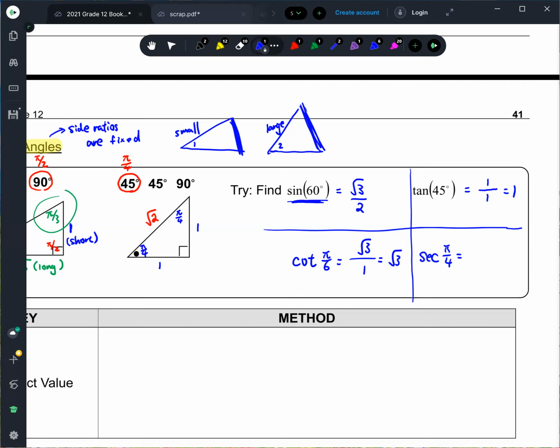So think about secant. Secant is which side over which side? Secant pi over 4. If you got the answer, please raise your hand.